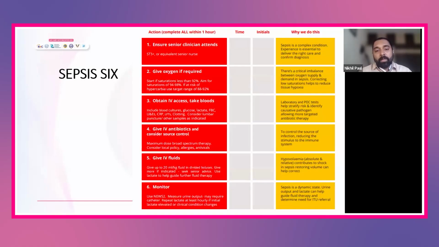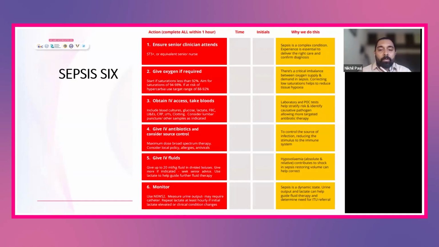Now, the third step, we obtain IV access as soon as possible and take bloods. The bloods we take include blood culture, blood glucose, lactate, total counts, CRP, LFT, clotting parameters, and urea and creatinine for renal function.